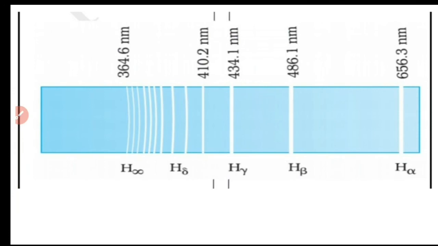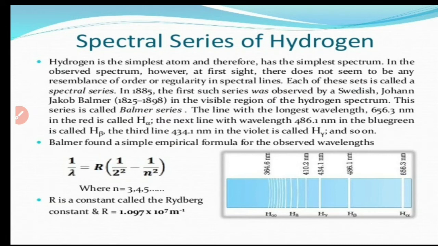He was studying the spectral lines of hydrogen in the visible region, and he found a mathematical relation among the wavelengths of these lines. This picture shows the Balmer series, and these are different wavelengths in the Balmer series, called H alpha, H beta, H gamma, H delta. The wavelengths are given. So he found one mathematical relation among the wavelengths of these spectral lines.